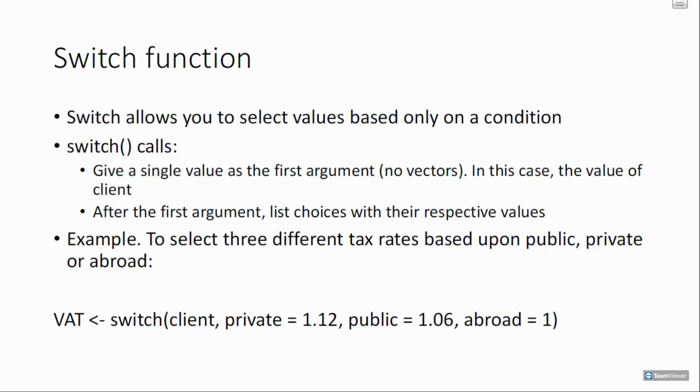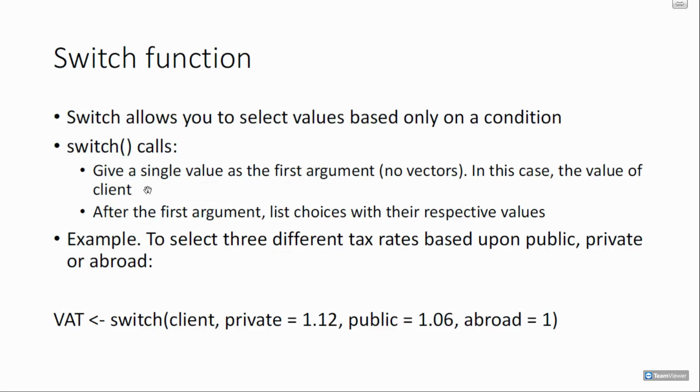So switch operates on several values. So you can select a number of values based on a condition. So for our client value that we just looked at, switch is a better function for us to test the value of a client.